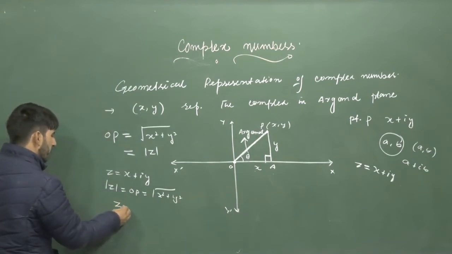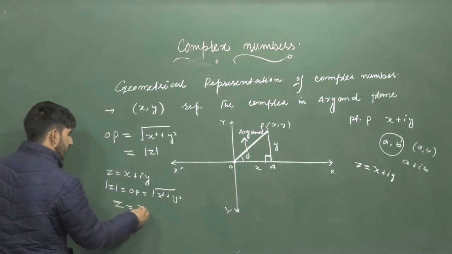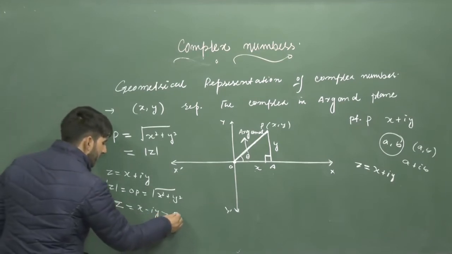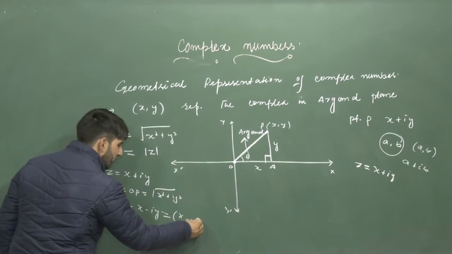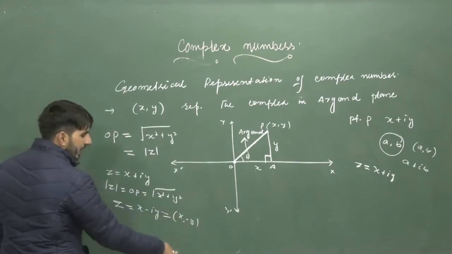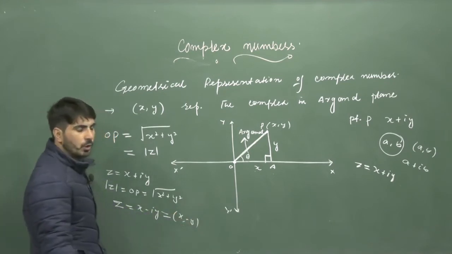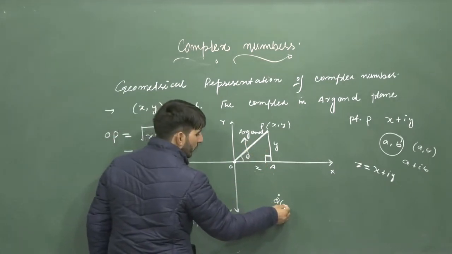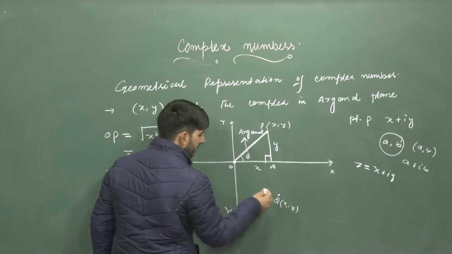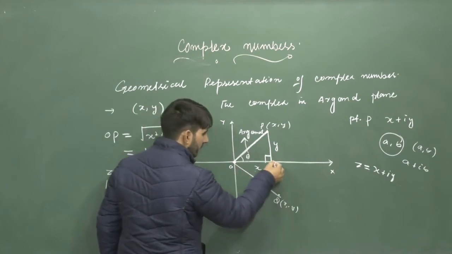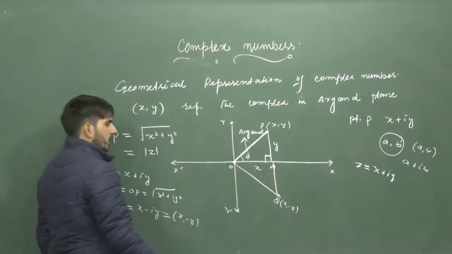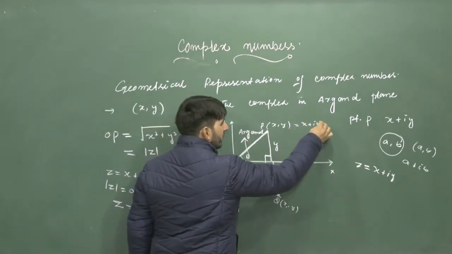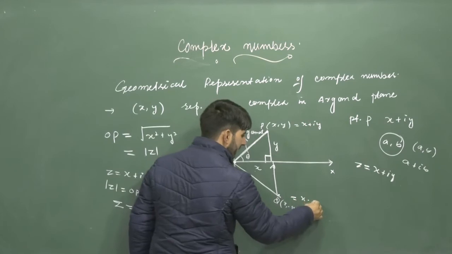What is the conjugate of this complex number? That is x minus iy. This represents the point (x, minus y), which lies in the fourth quadrant. Say this is the point Q, (x, minus y). So this is x plus iy, and this is x minus iy.